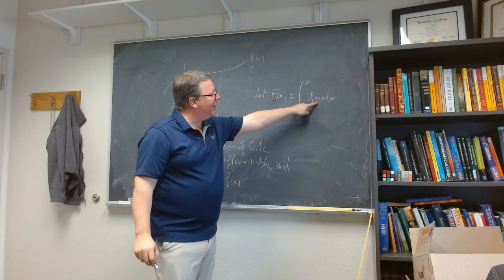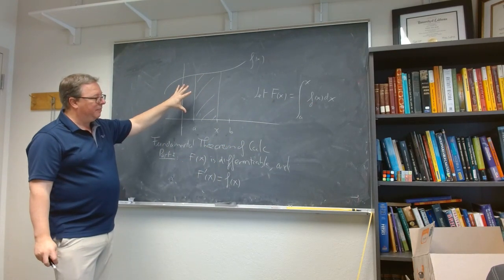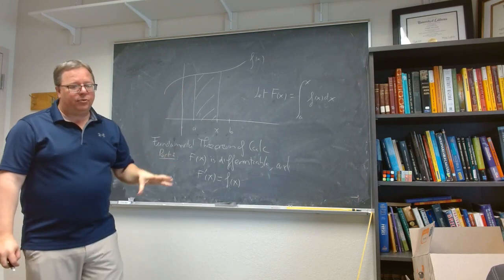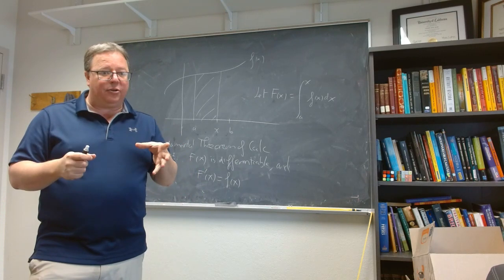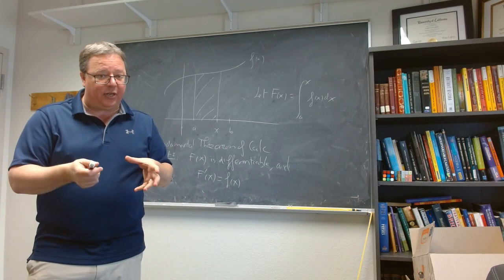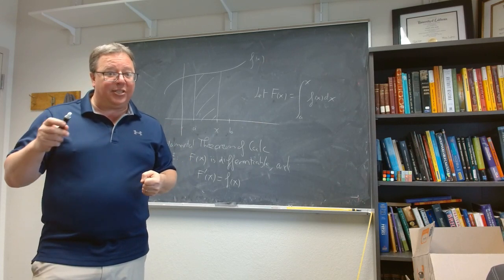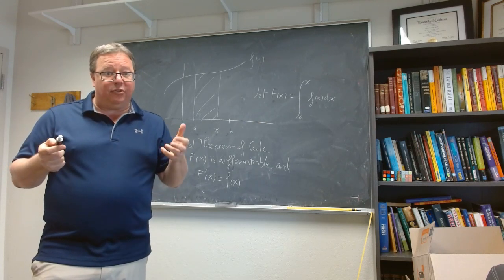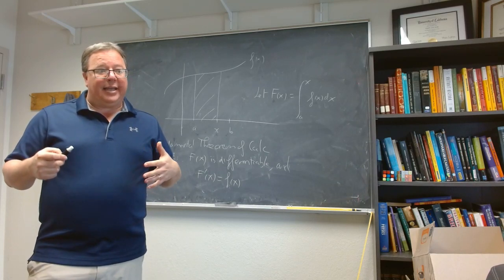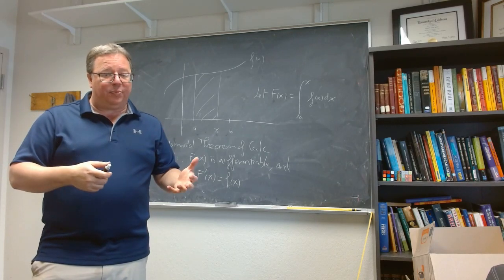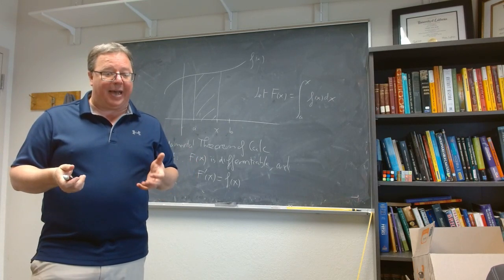This function here is the derivative of big F, the area function. This is hugely crucial because it ties back together the notion of definite integral, which is an area, a geometric object, and the notion of antiderivative, which is an algebraic construction that follows rules that we've learned to do and know what they are. And this connection between algebra and geometry is the heart of what gives calculus its power.